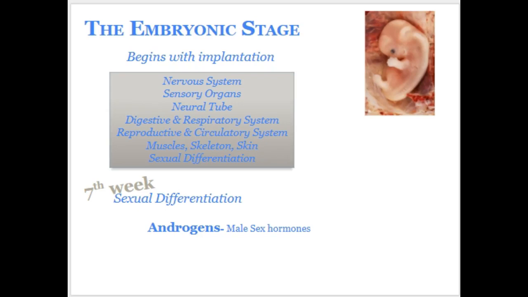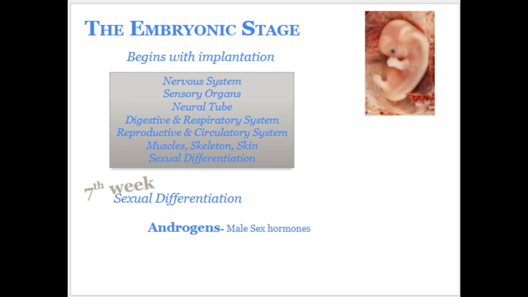And once that bundle of cells implants on the uterine wall, it enters into the embryonic stage, and that bundle of cells graduates to the status of an embryo. It's important to note that approximately 60% of natural conception actually fails to implant, and a pregnancy does not sustain or occur. However, when it does, there's a lot going on in the embryonic stage.